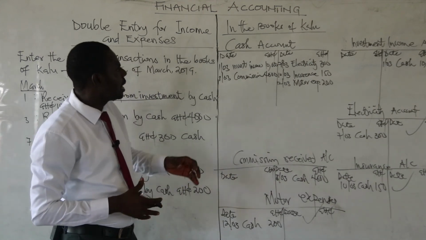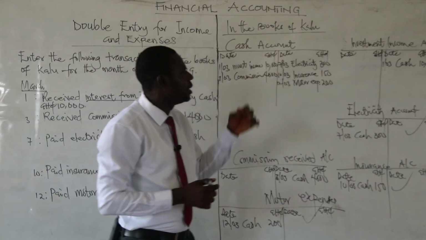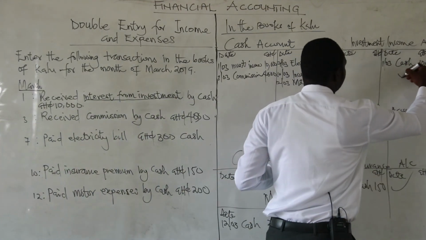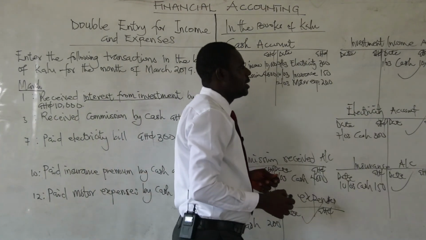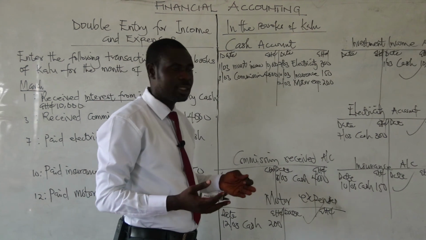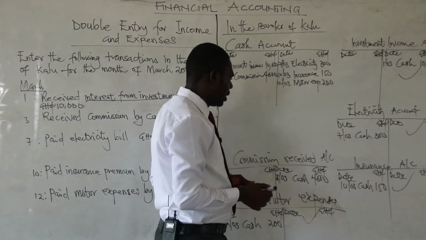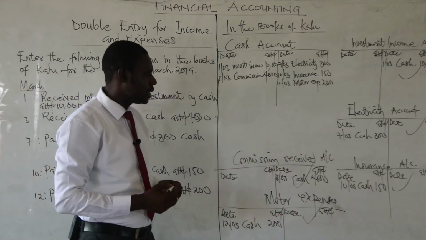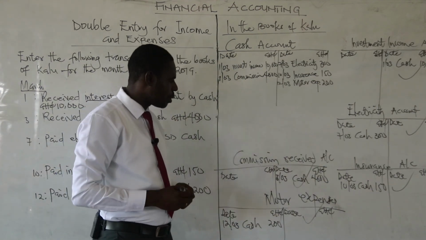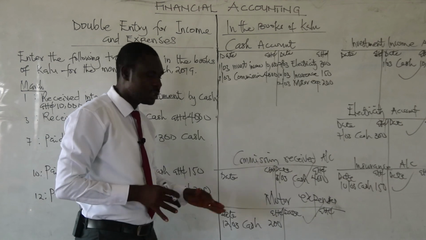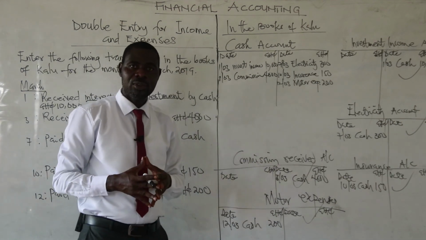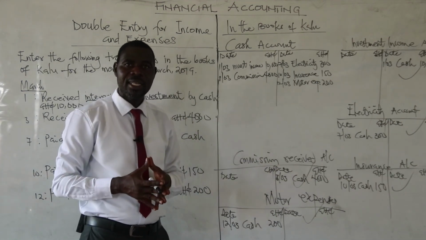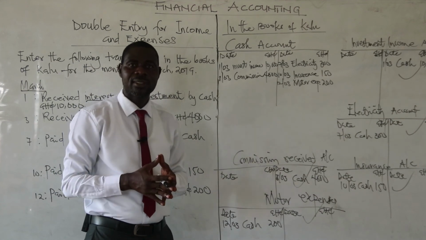Then, when you come here, we have income, which is the investment income or interest from investment. And we also have commission received. We have received commission and we open an account for commission received. So this is how the double entry is done for income and expenses.